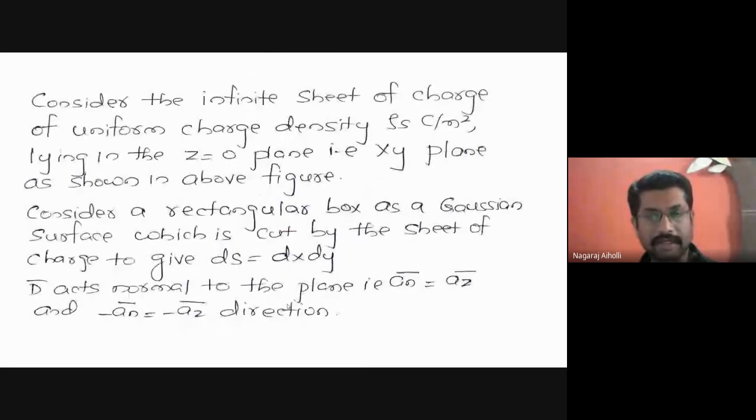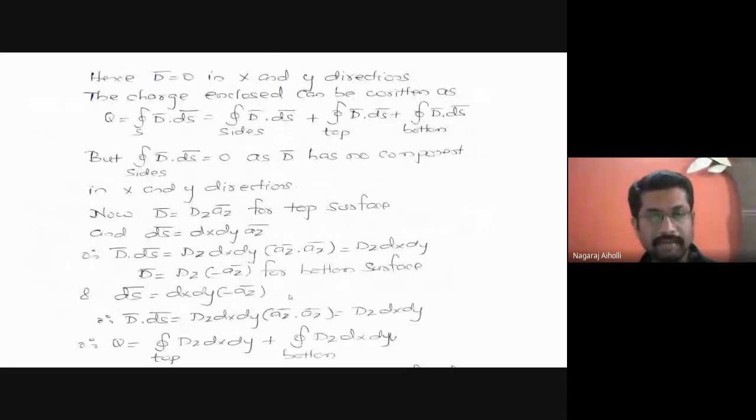That is what I am writing. D bar is equal to dz into minus az bar for the bottom surface. Its magnitude is the same but opposite in polarity. Therefore, ds bar is dx dy, the same as that of the top surface, the area is the same, but the unit vector direction is opposite, minus az bar. This is for the bottom surface.